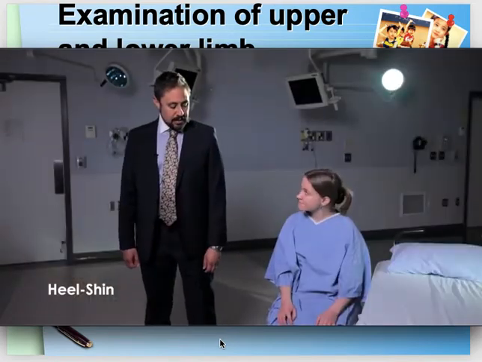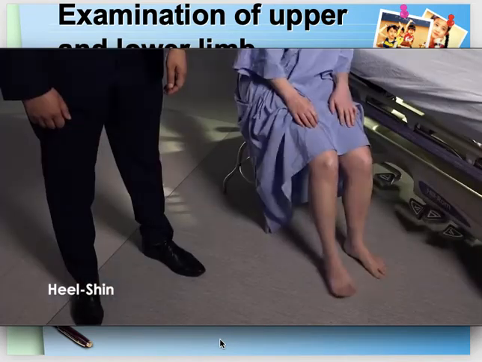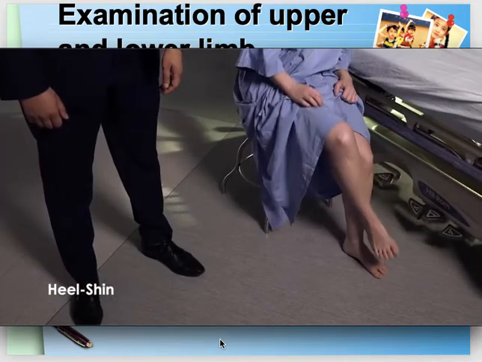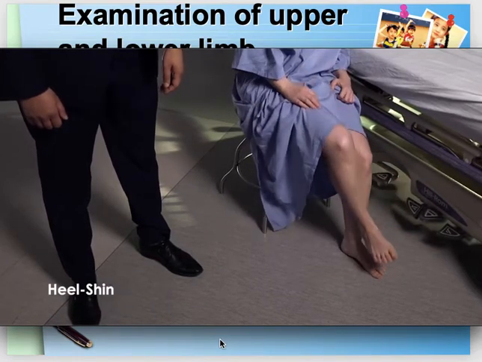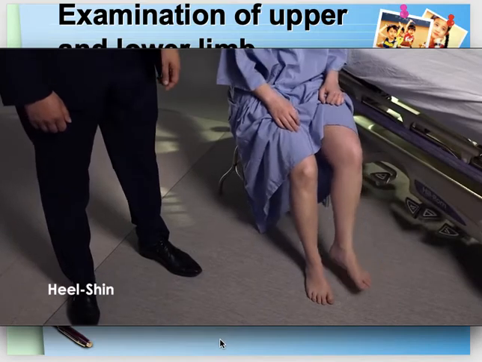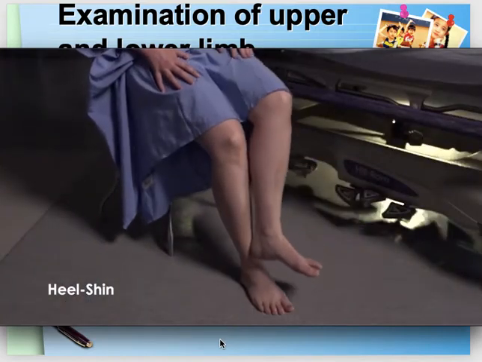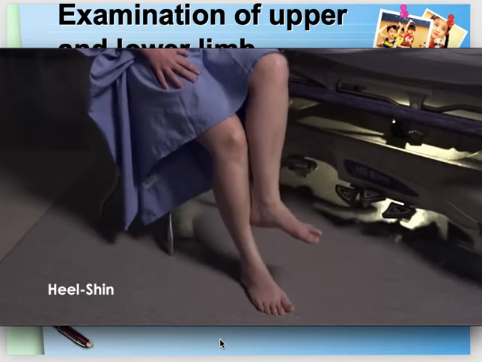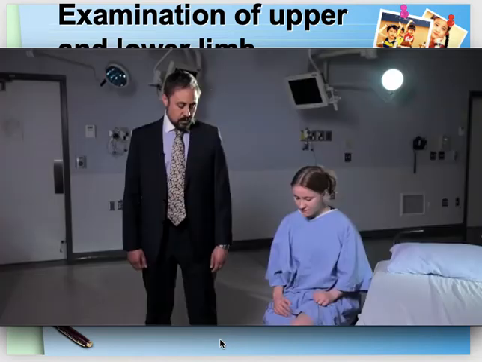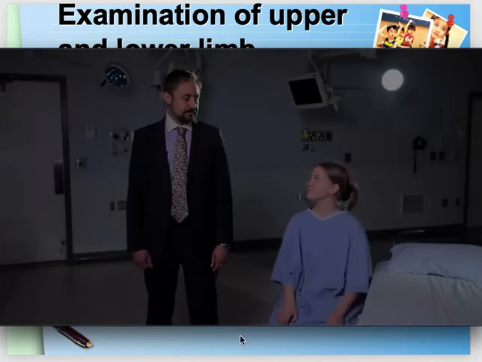Try that with the right leg on top of the left leg first. That's great. Could you try that with the left heel on top of the right leg? This test can be done either with the patient sitting or supine. Look for smooth, coordinated movements of the heel. Perfect. That's normal on both sides.